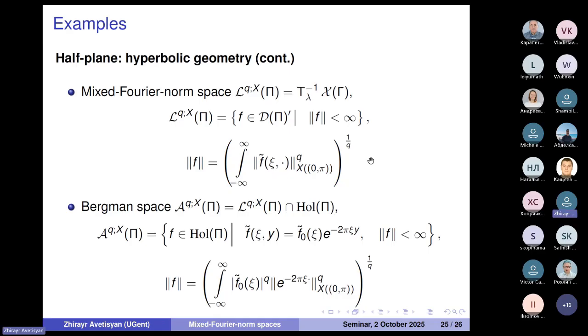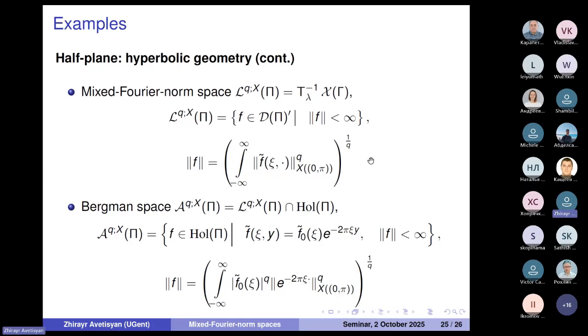Now coming to the Bergman space, which is basically picking up the holomorphic elements from this mixed Fourier-norm space. It consists of all functions holomorphic in the half plane such that the Mellin transform factorizes in the following way.